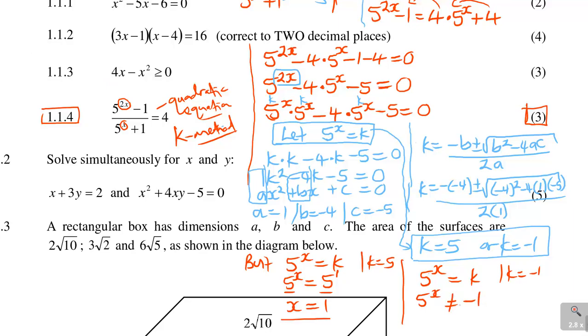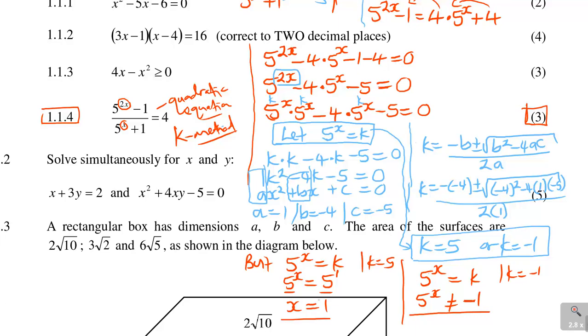Now this is not a solution because you cannot have an exponent with a negative number like that. There is no way you can solve that. So as far as your grade 12 is concerned, this is not a solution. So that is where you end.